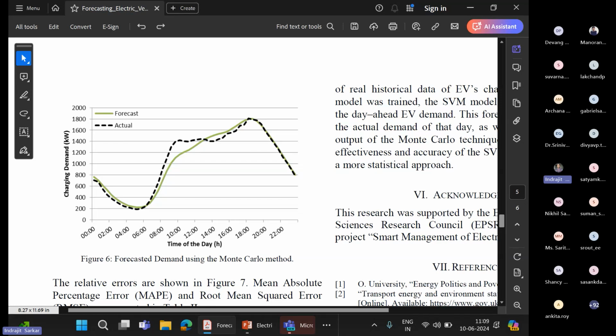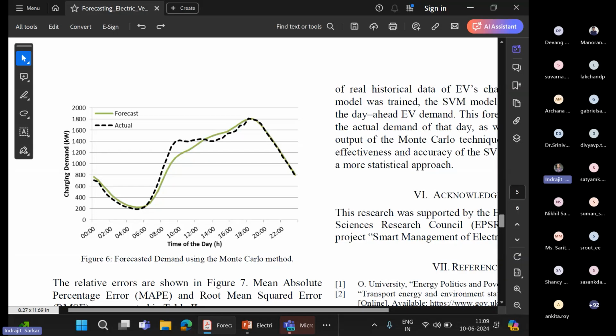So they are concluding that the support vector machine is comparatively more accurate than the Monte Carlo method. But there are other machine learning algorithms which you can employ and check which one is going to give you better accuracy, not only Monte Carlo.